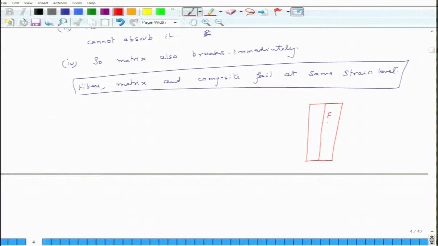Okay. So, now let us look at this picture. Here this is my fiber and let us say this is my matrix, and I am pulling it with a load P. So, what is the stress in the composite?